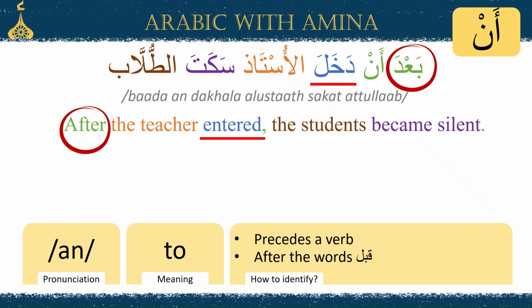So similarly to قبل, we can use بعد, قبل أن, and بعد أن. So in the methods to identify this type of particle, it will always precede a verb, and it comes after the words قبل or بعد.